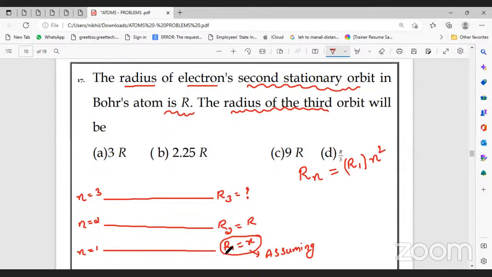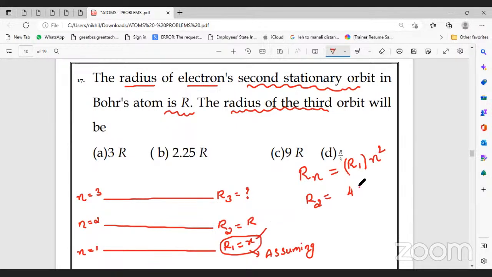So radius is directly proportional to n squared times the radius of the first orbit. Now, can you write the radius of the second orbit? It is 2 squared, 4 times R1.